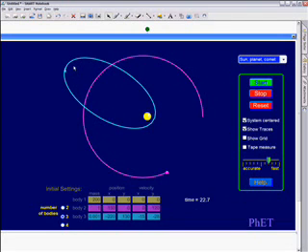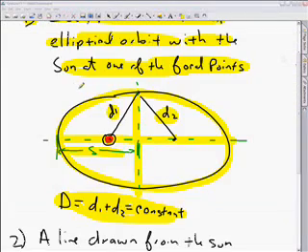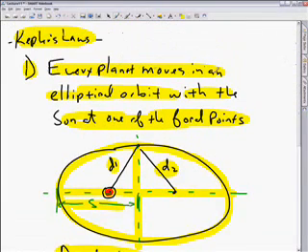The other focal point would be way out here. This one's closer to a circle, so both the focal points are in the same position. So that's Kepler's first law, that every planet moves in an elliptical orbit with the sun at one of the focal points.